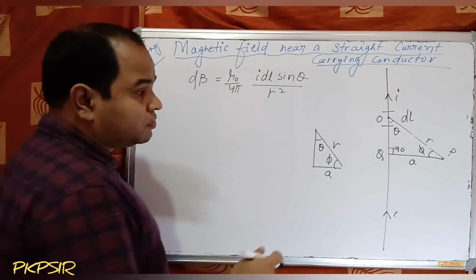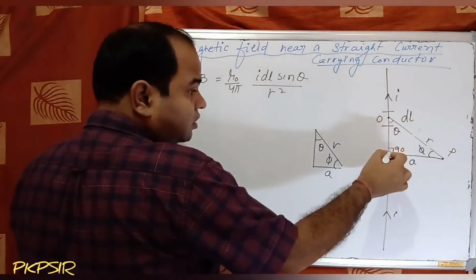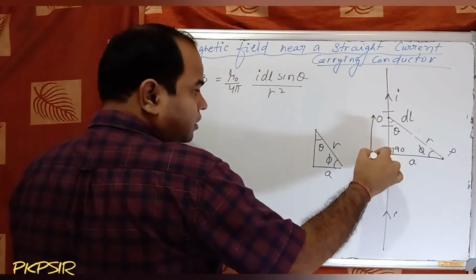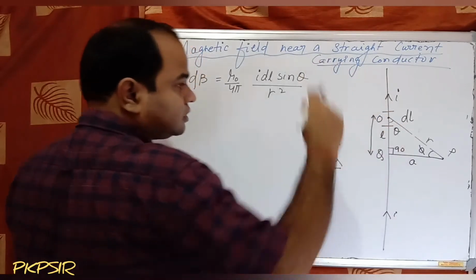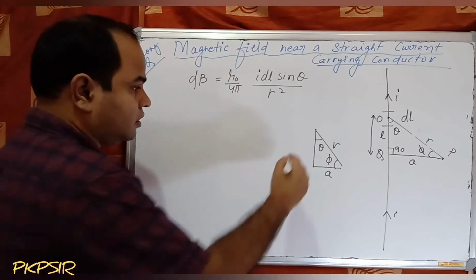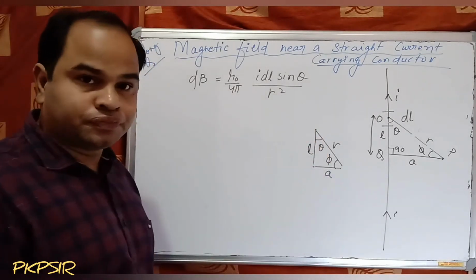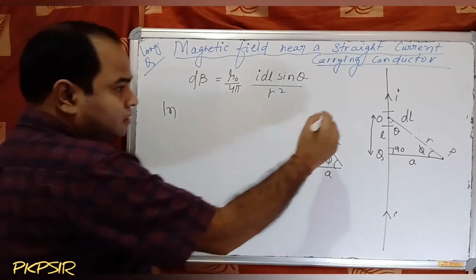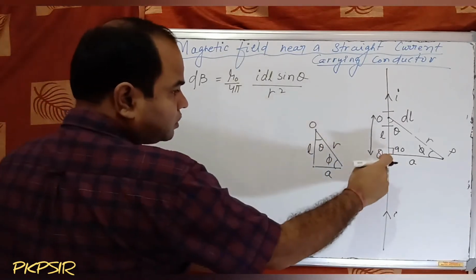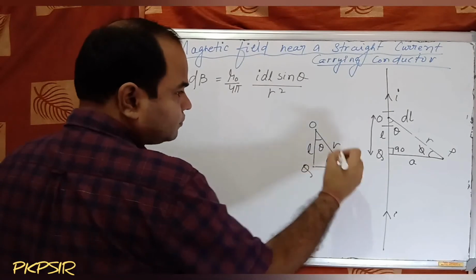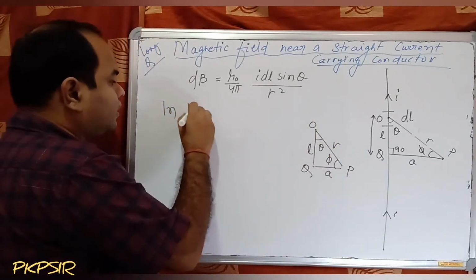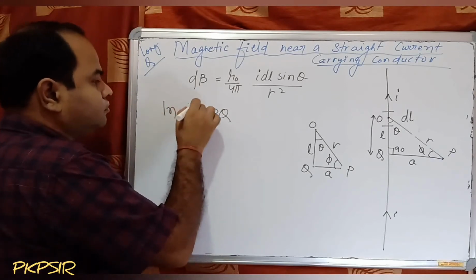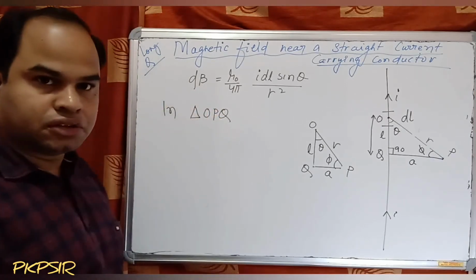Let us assume the length of this dl from Q is L. So in this triangle, naming O, Q and P, in triangle OPQ, it is a right angle triangle.